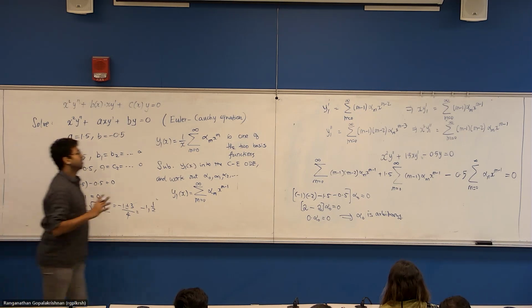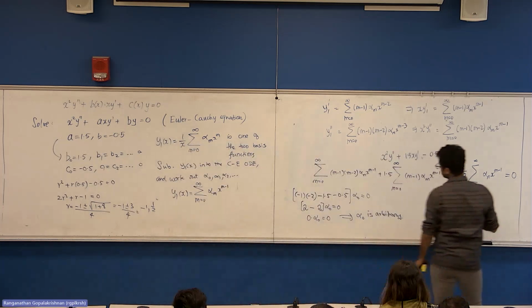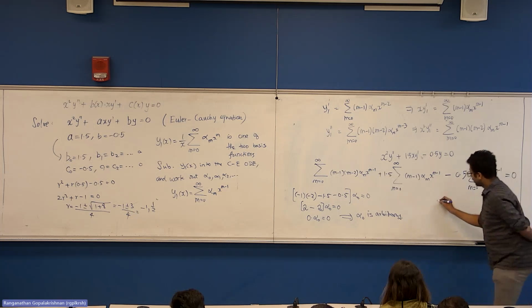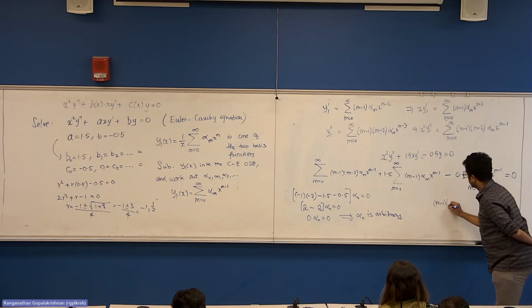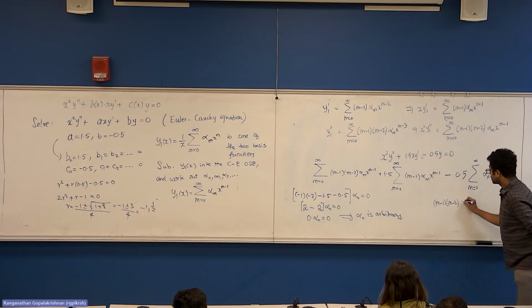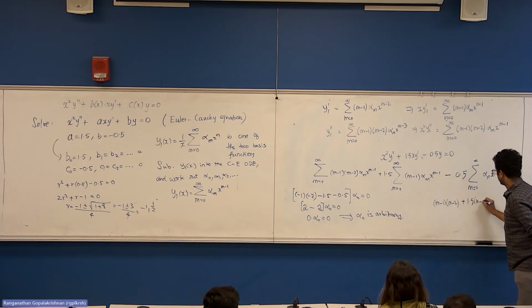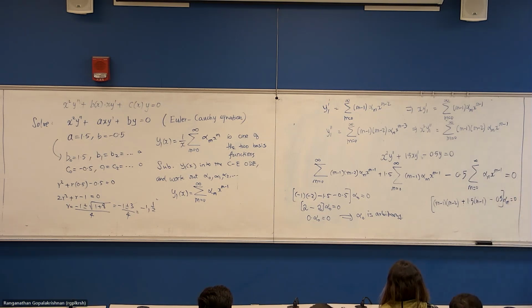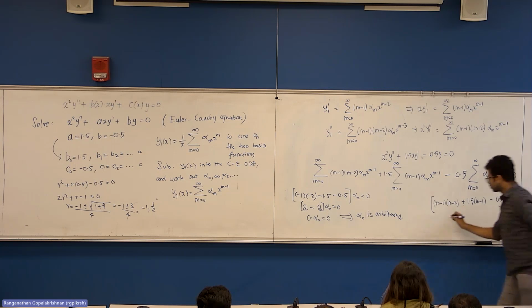Okay. The rest of it, if you consider any power of x power m minus 1, you can write m minus 1 times m minus 2 plus 1.5 times m minus 1 minus 0.5 times alpha m equal to 0. Try m equals 1. What do you get?